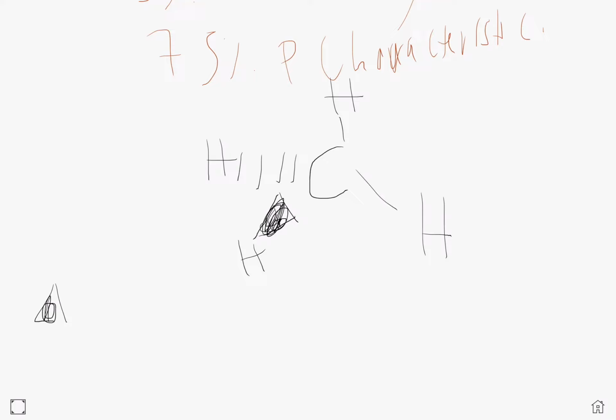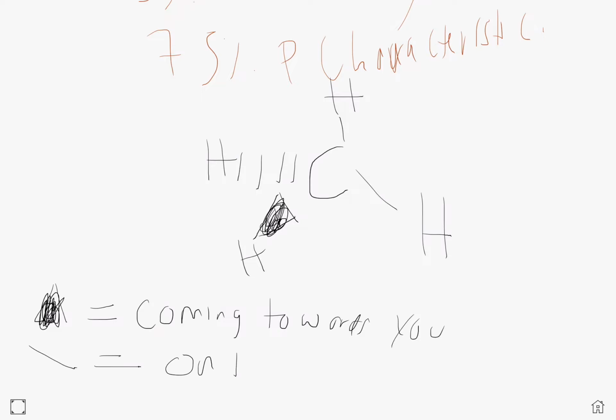This filled in triangle means it's coming towards you. A regular solid line means that it's on the plane. And a dashed line is behind the plane.